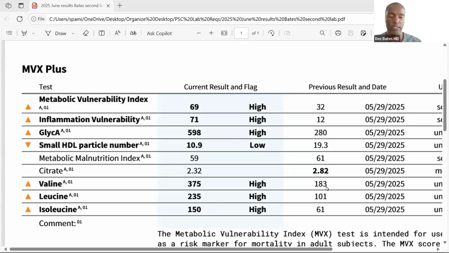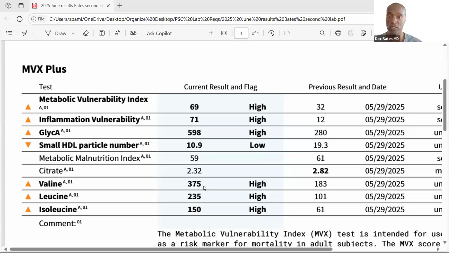Now, ideally, we want these to be within optimal range, and this isn't actually within range necessarily on the 29th of May. But for certain, 2 weeks later, these have just skyrocketed. They're elevated. And this is a fasting lab. So this means that there is very poor absorption.